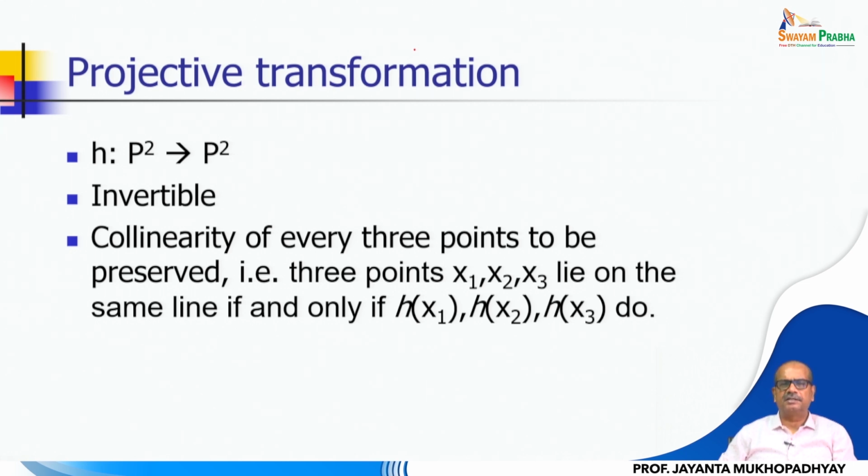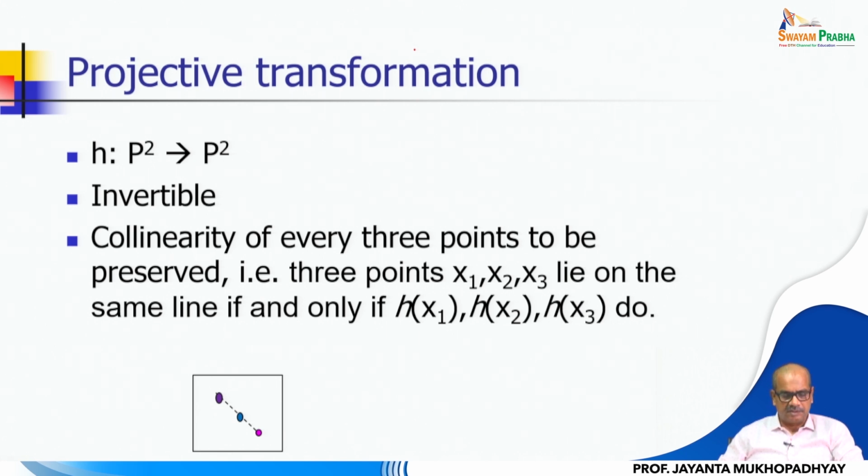So if three points, say x1, x2, x3, lie on the same line, then if and only if Hx1, Hx2, Hx3 do as well. So any straight line is also transformed into a straight line in the projective space. Just figuratively, we once again try to understand these properties of the transformation.